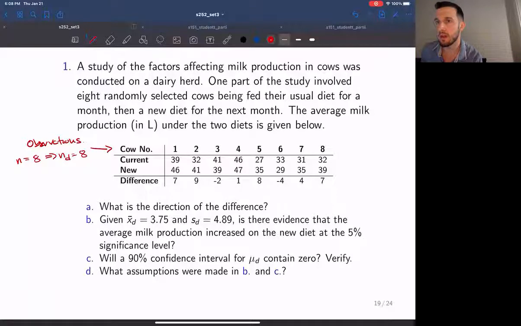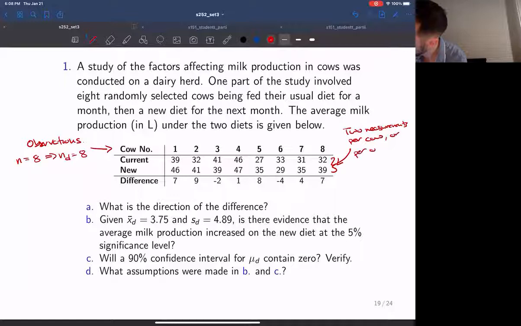So we are creating a naturally paired structure here because we have 2 measurements per cow, or per observation. And that is really the key to recognizing a paired structure in the test.